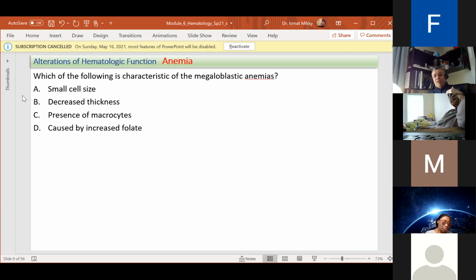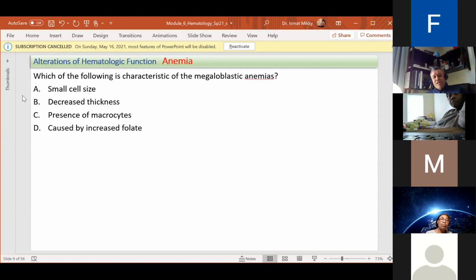Here, the cells, we refer to the stem cells. So the presence of macrocytes means large cells. Megaloblastic means large cells. So there are macrocytes that are usually large stem cells, which are megaloblasts in the bone marrow.